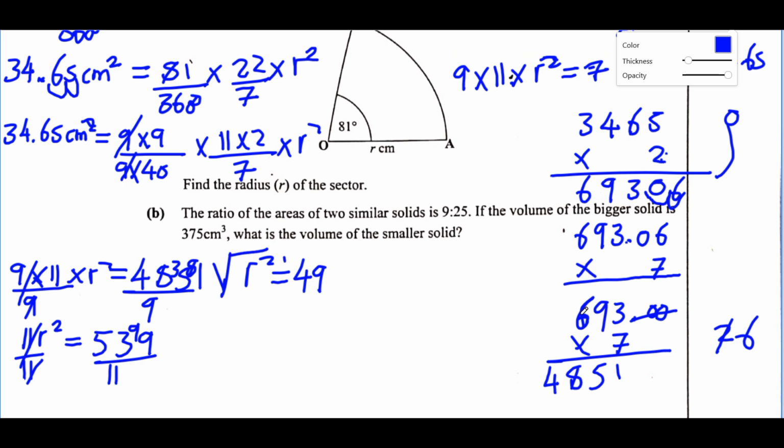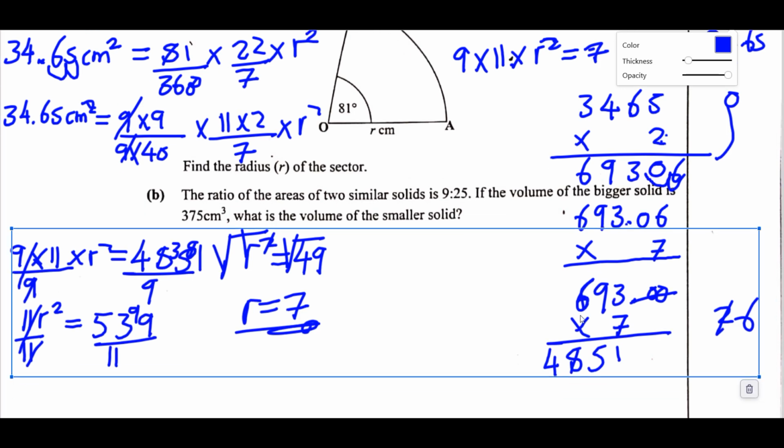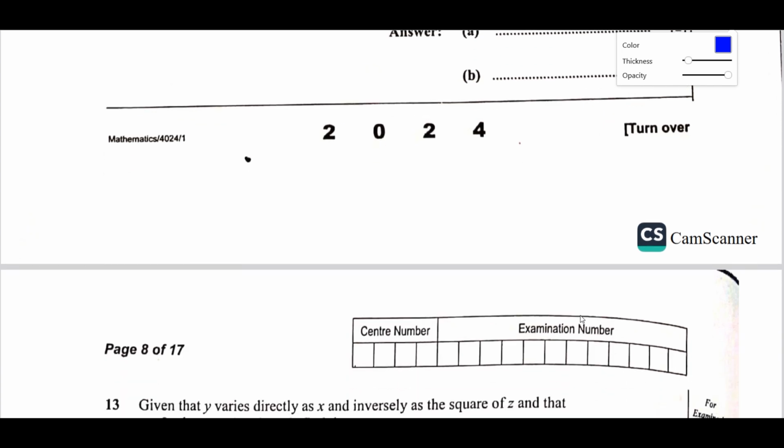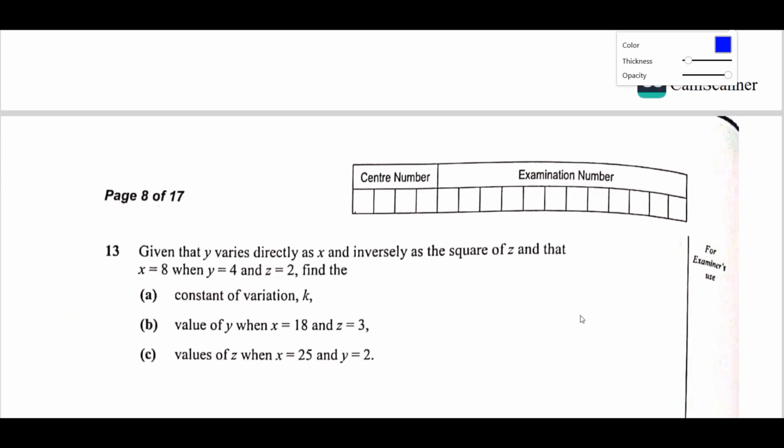Then the square root. So r is equal, what is the square root of 49? Is 7 as our final answer. So as you can see, you just have to make sure that you practice on your manipulation of numbers. It's very important you develop that skill or how to play with numbers.